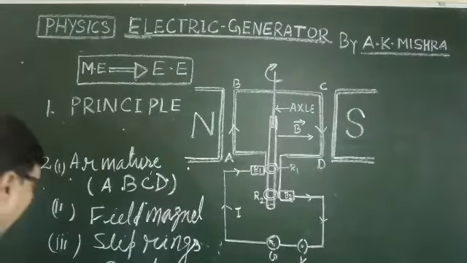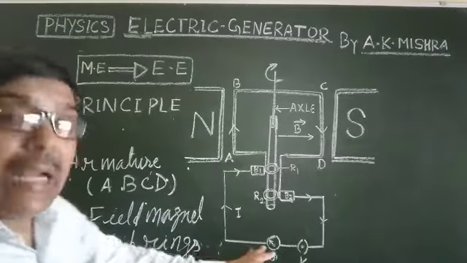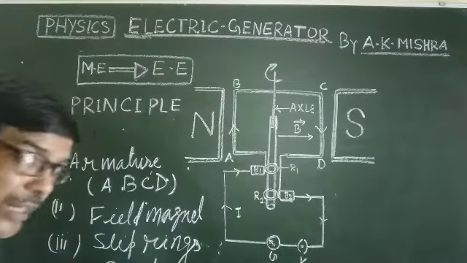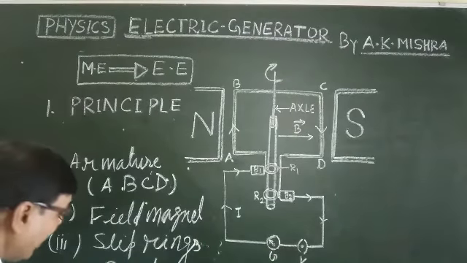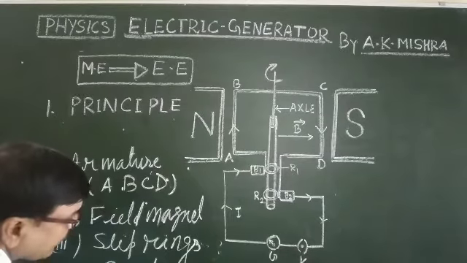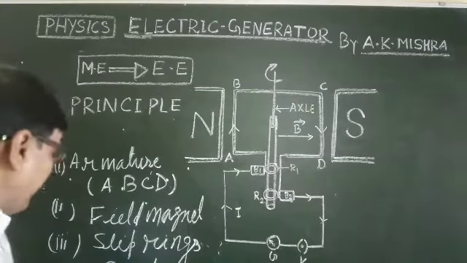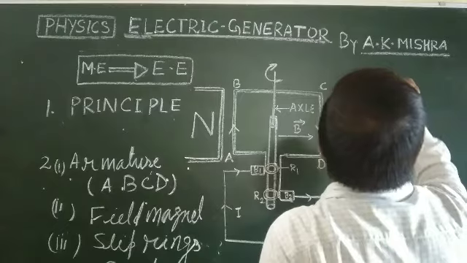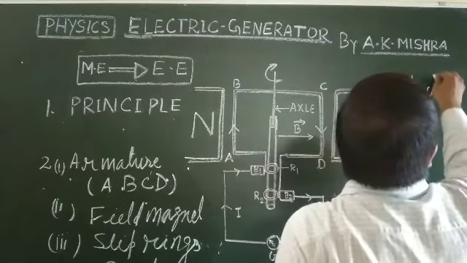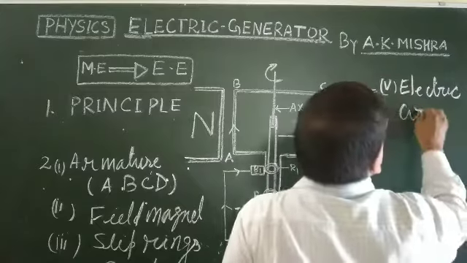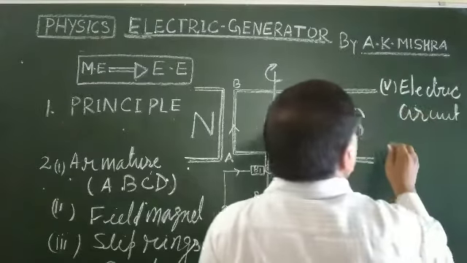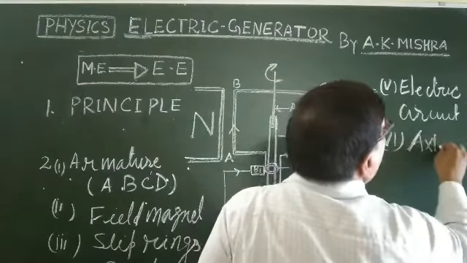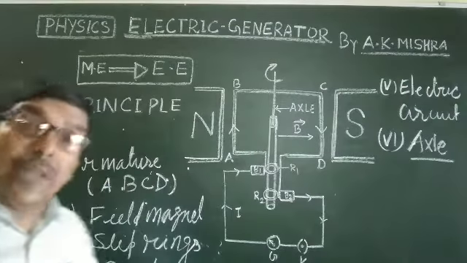And fifth, an electric circuit in which a galvanometer is used for detection of current, to produce current in that. And sixth, the axle, a very important part. Understand?